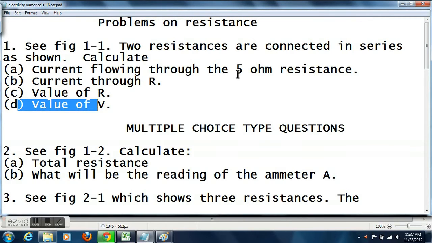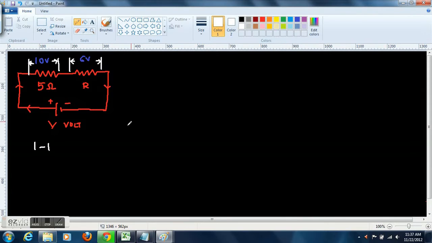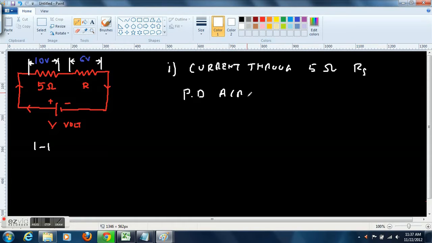Okay, first of all I have to find out what is the current flowing through the 5 ohm resistance. Now the potential difference across this 5 ohm resistance is 10 volt, and the resistance is 5 ohm.